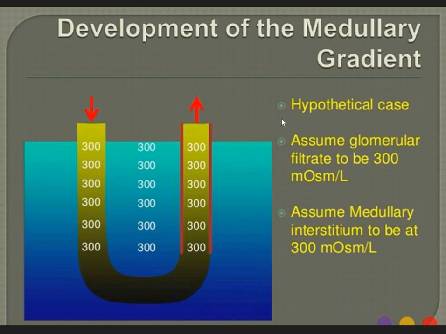The plasma is being filtered and it is entering the tubules. So if we assume that initially the osmolarity everywhere is the same, 300 milliosmoles per liter, because plasma is entering the tubules and has this particular osmolarity, and all the portions of the loop of Henle as well as the medullary interstitium have the same osmolarity.